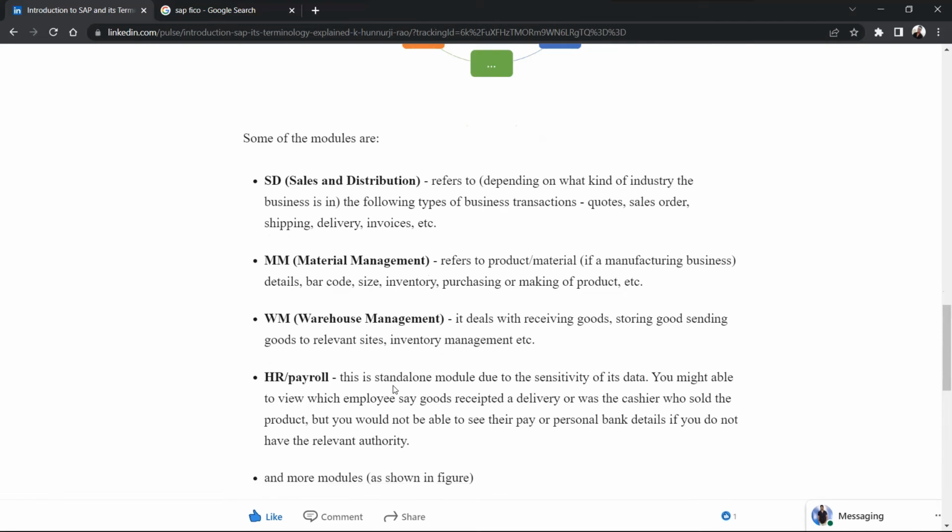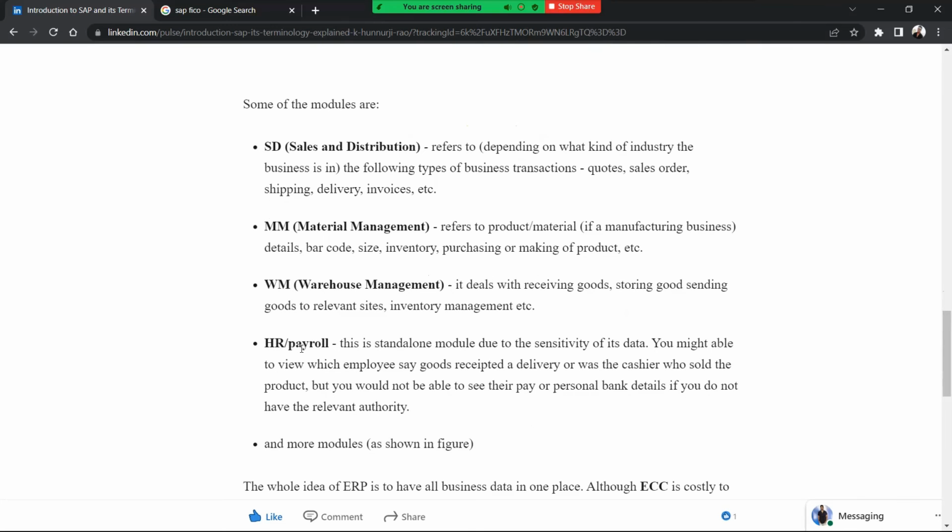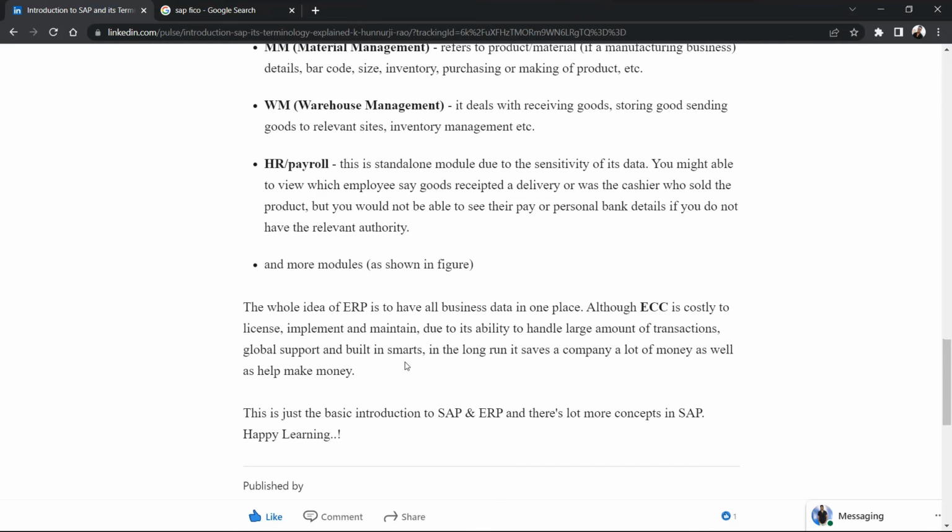The very important module here is HR payroll. This is a very unique standalone module because it contains all the customers' data and all the sensitive data. The other concept which I haven't mentioned here is ABAP.